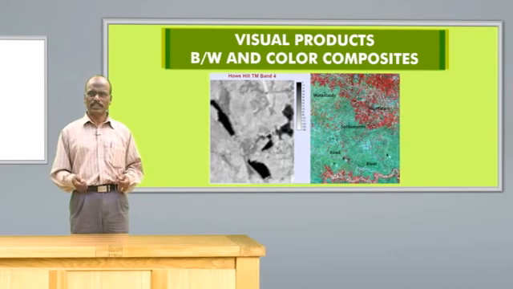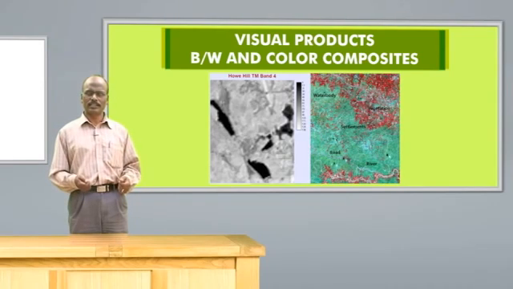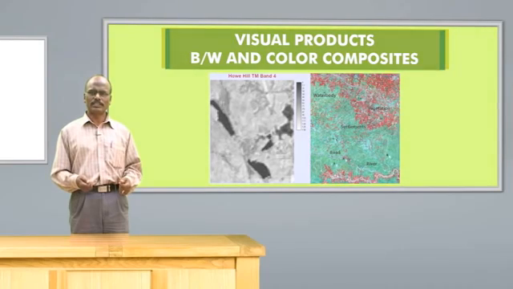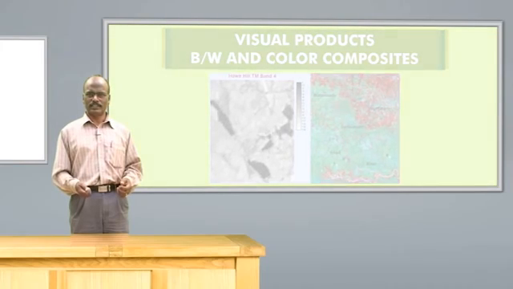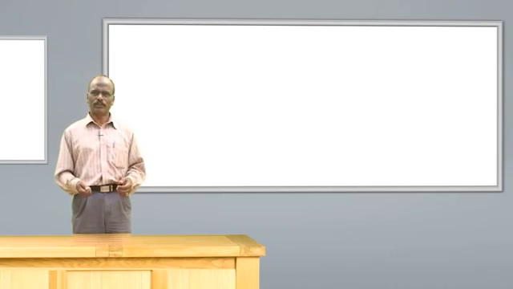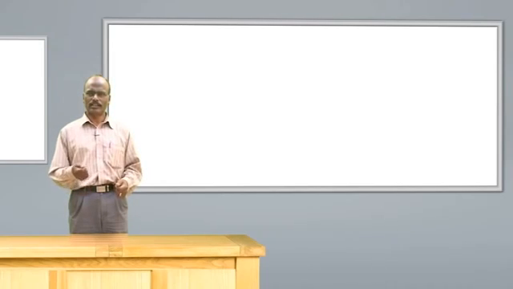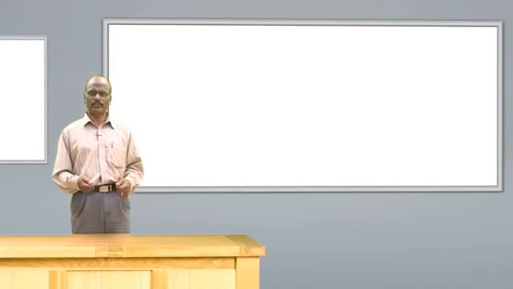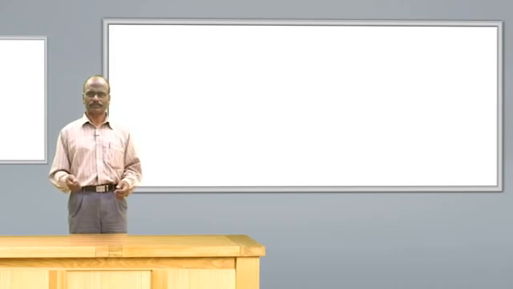The vegetation appears red in this picture. This is because of high reflectance in the near infrared region by the green vegetation, whereas water body and soil will reflect less amount of near infrared, and you see a different color for other features.